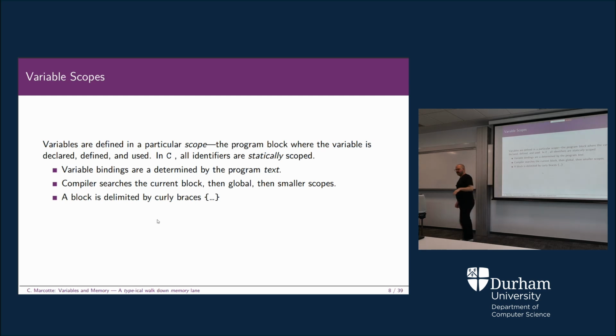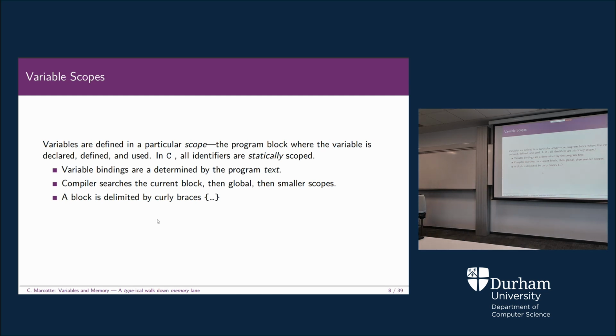That is, the binding of the variable is determined by the actual text in the code. The compiler searches the current block, then it searches the global scope, and then it searches smaller scopes in order to figure out where that variable is defined.